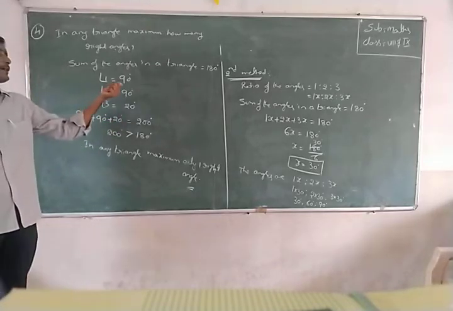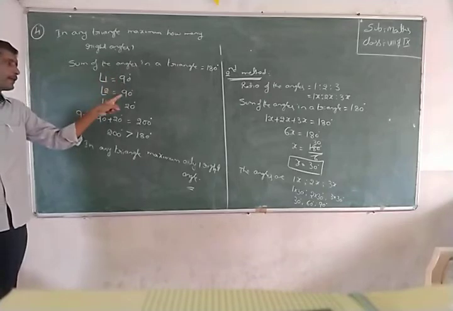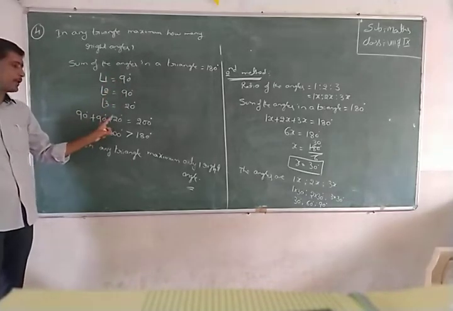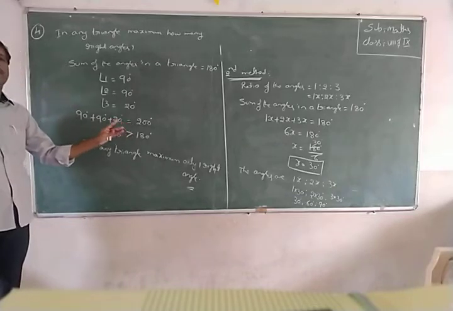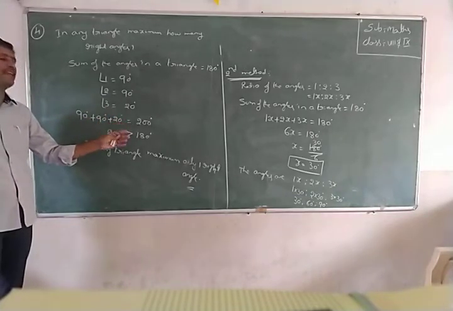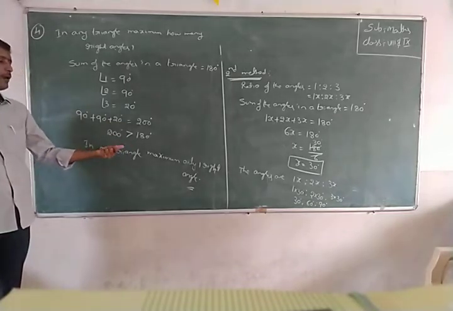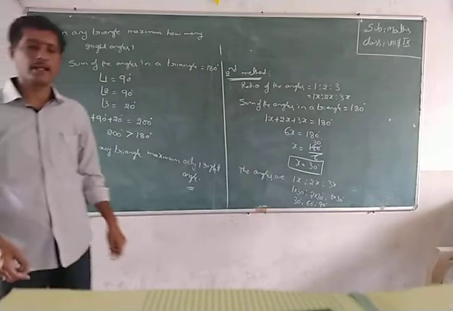Suppose you take two right angles, therefore 90 plus 90 is 180, 180 plus 20 is equal to 200 degrees, that is more than 180 degrees, therefore it is impossible. Therefore, in any triangle, maximum only one right angle.